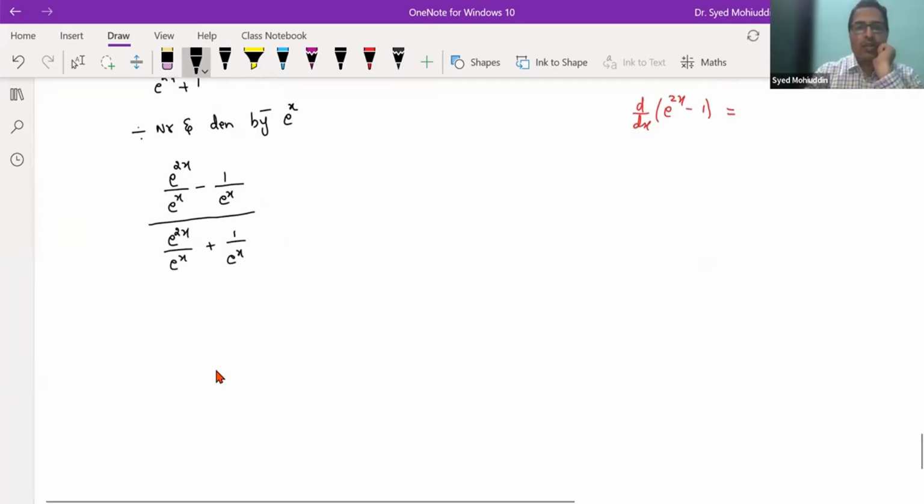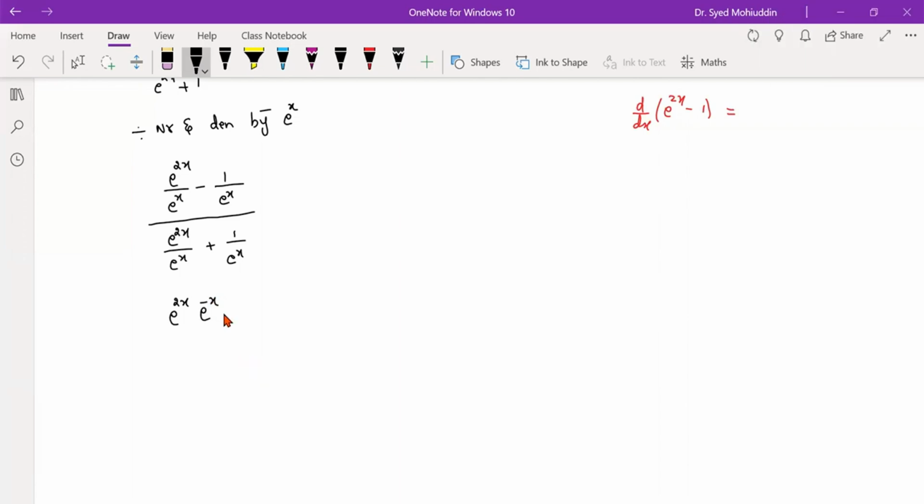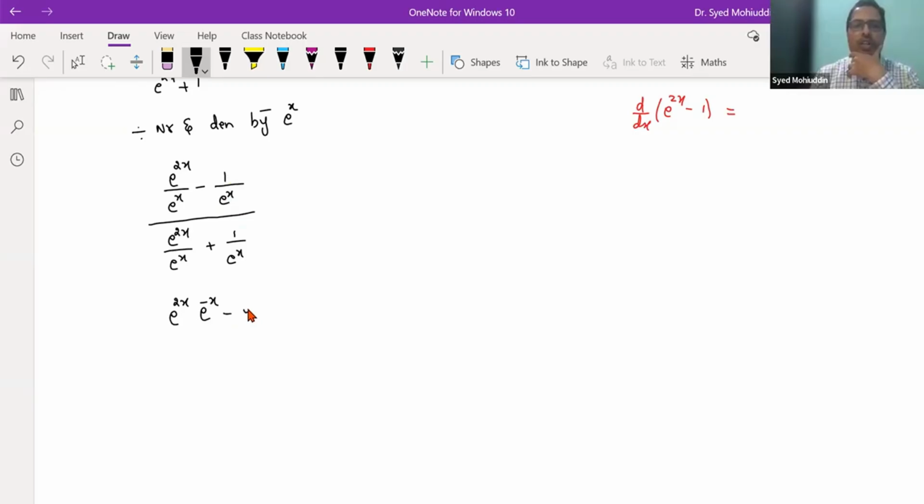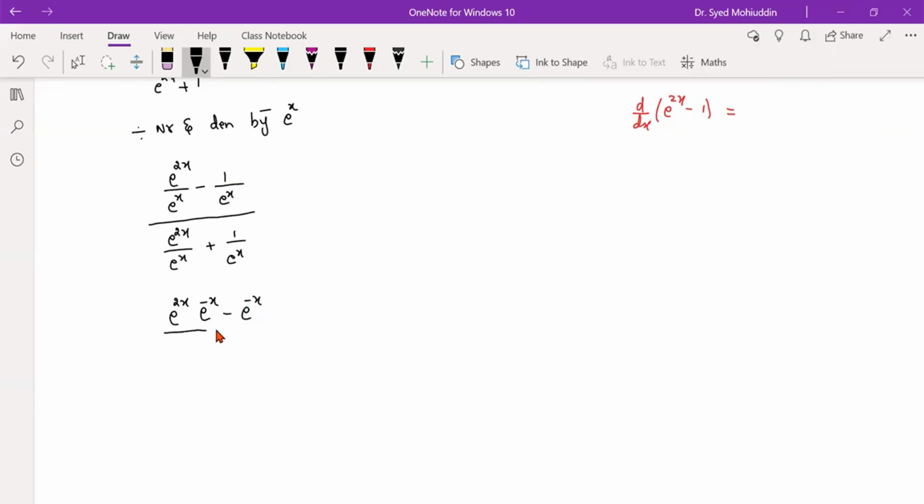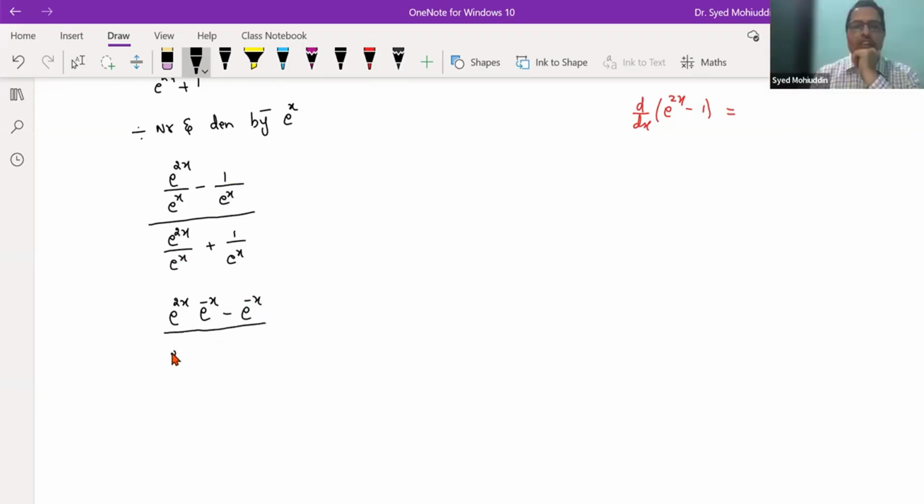Now if I rewrite this: e power of 2x divided by e power of x, taking e power of x to the numerator, becomes e power of minus x. Here also, 1 by e power of x becomes e power of minus x in the numerator. Whole divided by, here also, e power of 2x, taking e power of x to the numerator, becomes e power of minus x. Again plus, 1 over e power of x becomes e power of minus x.